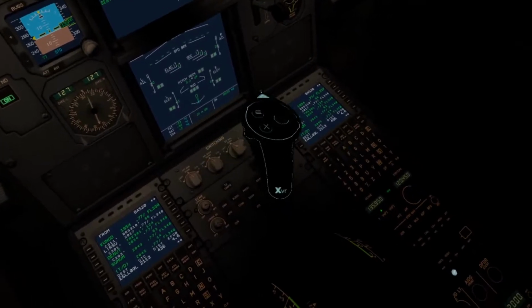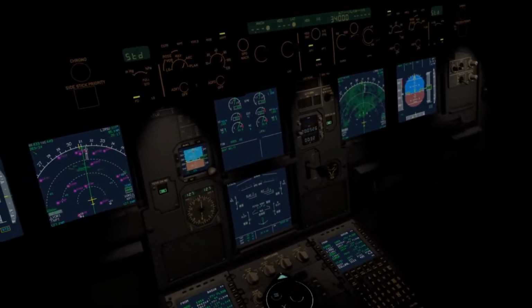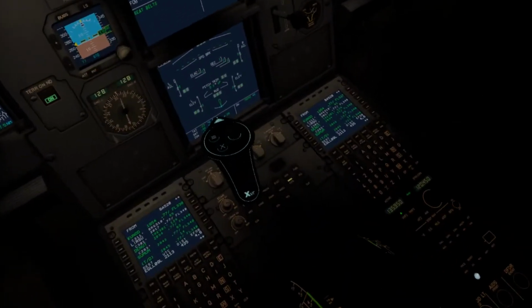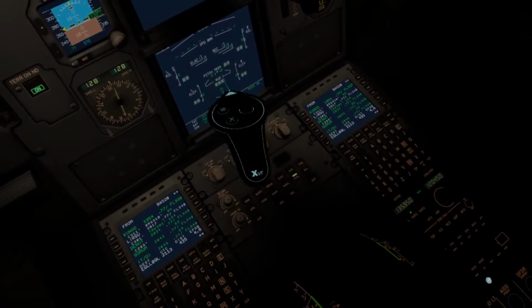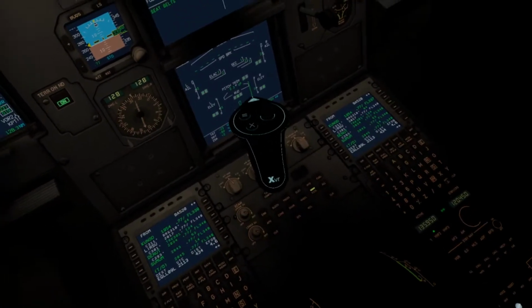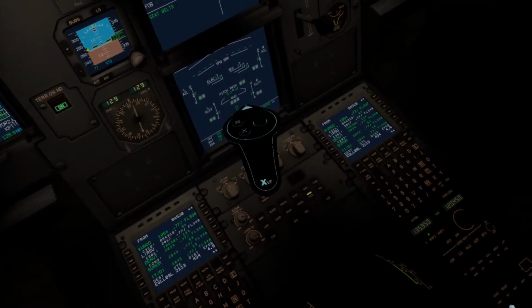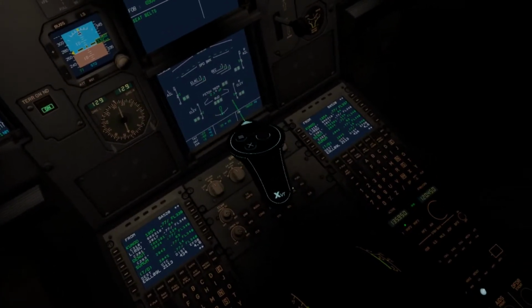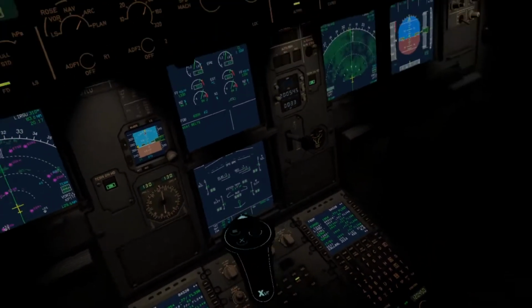Now we have the flight control page. So I'll start with this. You see this pitch trim, right? This is very important because, if you think about it, it's on the tail, and this is basically up 0.3 degrees.